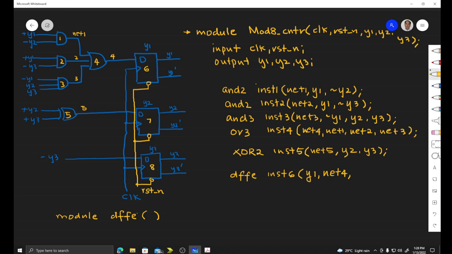Then we have our clock and reset N for that flip-flop.